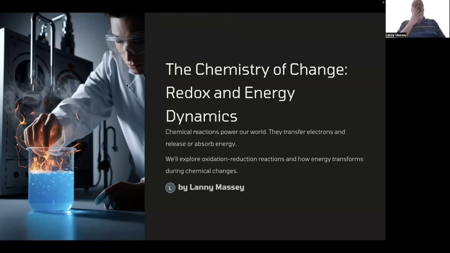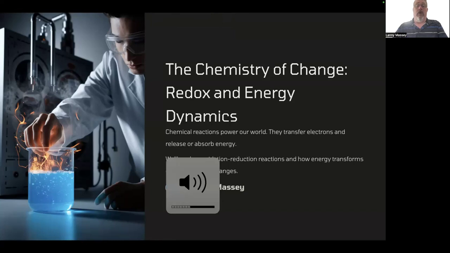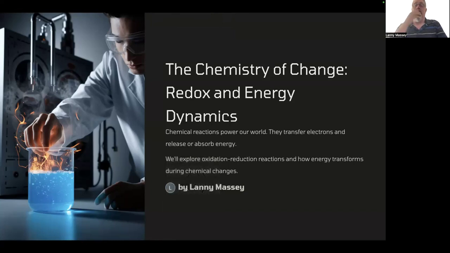Today we're going to talk a little bit about what are called redox reactions. In your reading material, they're called oxidation reactions. But technically, what we have is reduction oxidation reactions, because anytime you have an oxidation reaction or some material oxidizing, another chemical is reducing.